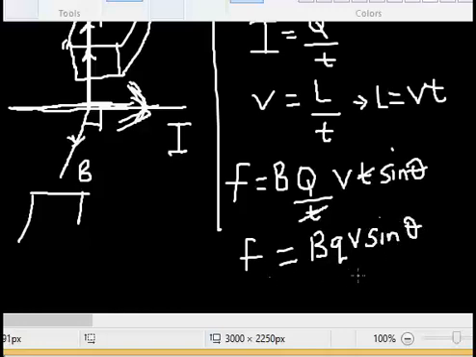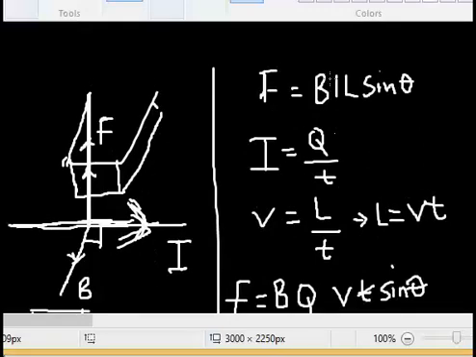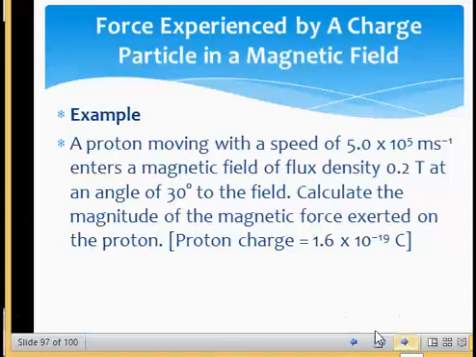So in terms of force on a charge, we use this formula, but when we are asked about the force on a current carrying conductor, we use BIL sine theta. These two formulas are used to express magnetic force due to charge or current, so please take note of that as we proceed.